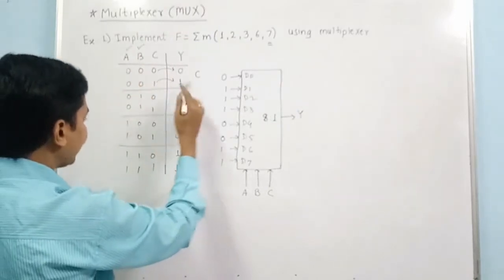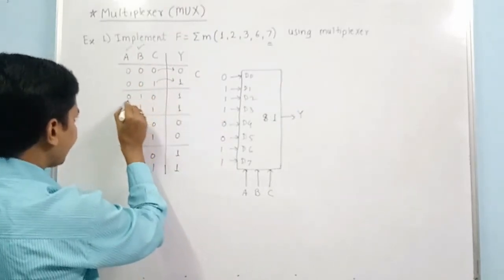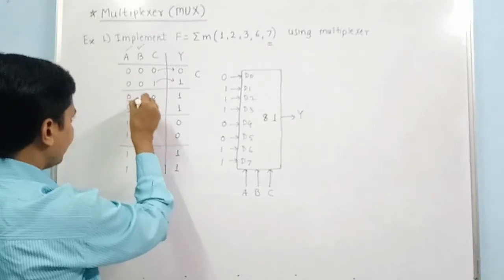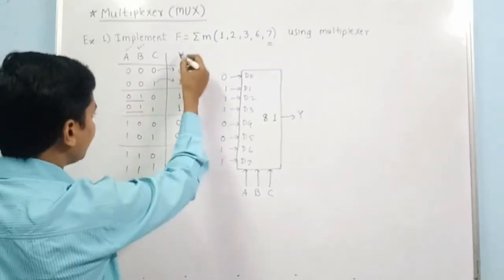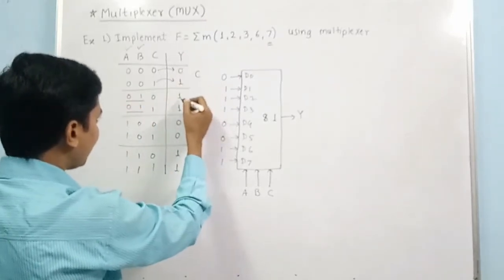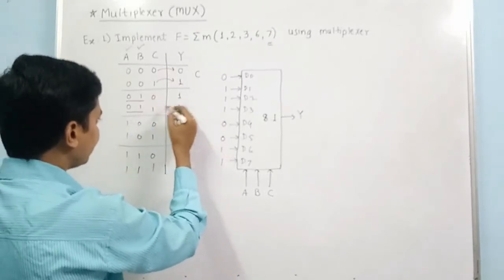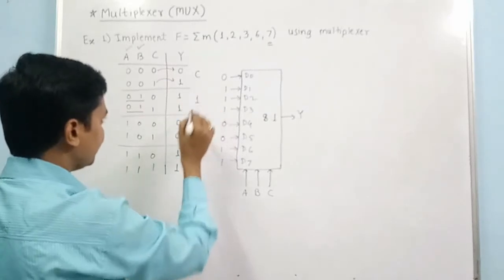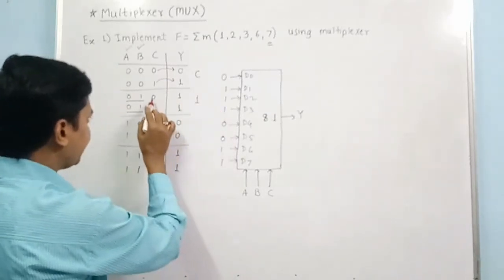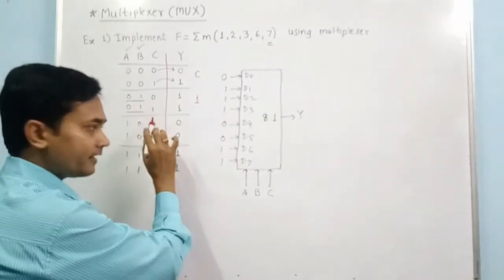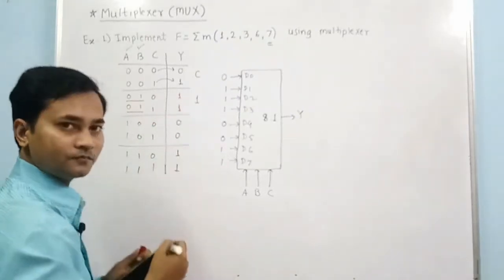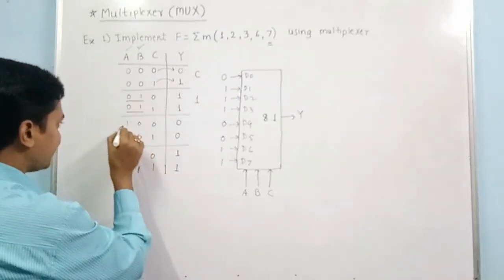Now what about the next group? So when A and B are 0 1, then what is the output? So this output is not dependent on this C state. Okay, so here output must be 1, because irrespective of C value, C state, the output is continuously 1. Okay, now come to the third group.